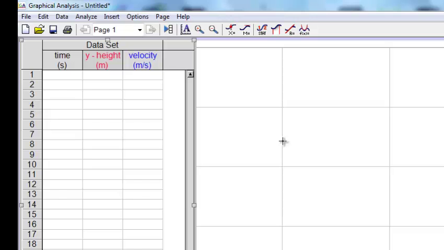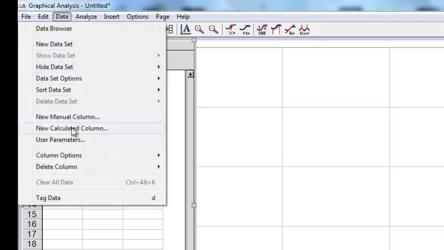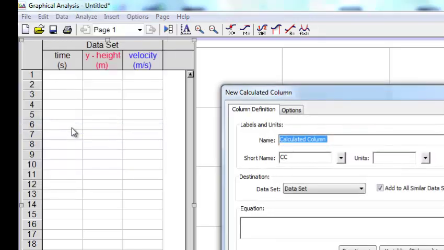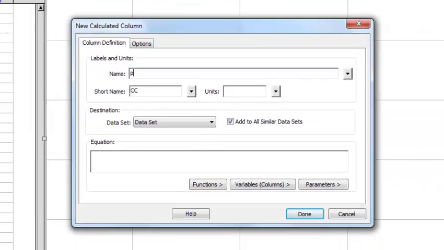After you get that data in, you're going to have to make these new calculated columns. To do that, go to Data, go to New Calculated Column. The first one we're going to do is potential energy. And the tricky part is down here. You're going to have to create an equation.